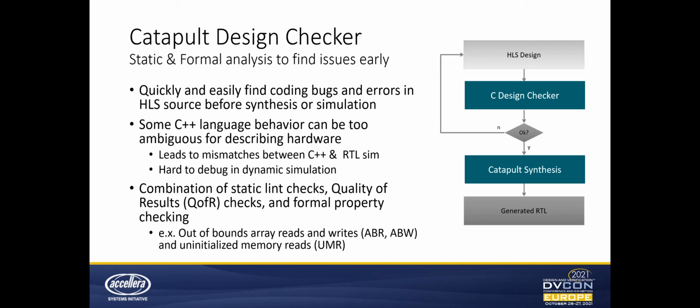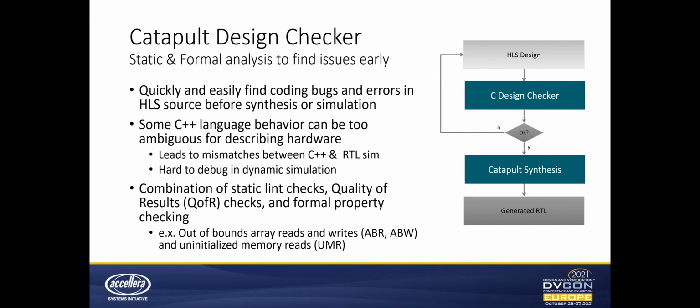It consists of a number of static lint type checks, as well as a number of formal based checks that try to identify issues in the pre-HLS design source that could lead to mismatches with the RTL output, as well as issues that could prove difficult to debug during simulation.